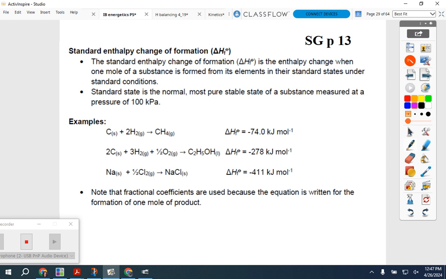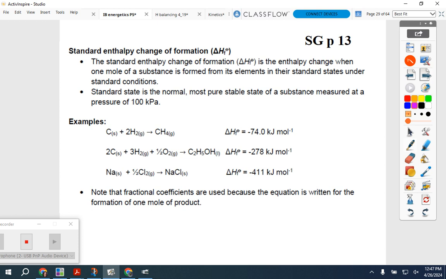The other one is hydrogen, but that's going to exist as H2, so you're always going to write it as H2, and that's going to be a gas. And we want to balance this equation, so we're going to put a 2 in front of the H2 so that we get a total of 4 hydrogens on both sides, 1 carbon on both sides. And we can get a delta H formation for methane.